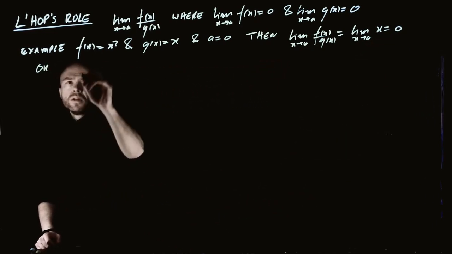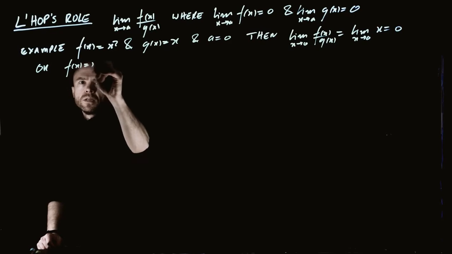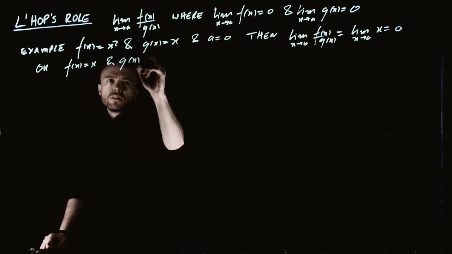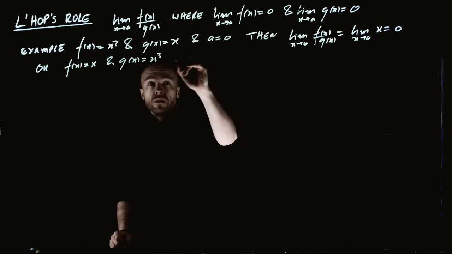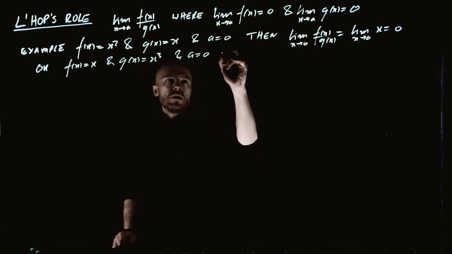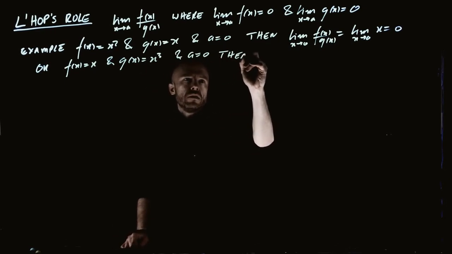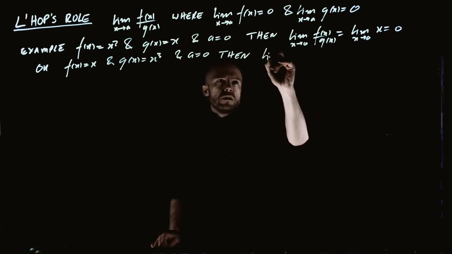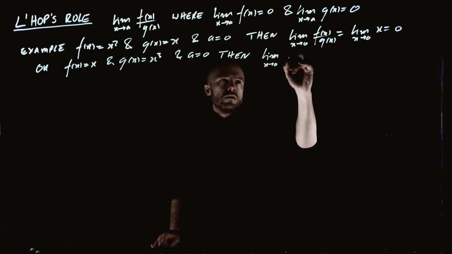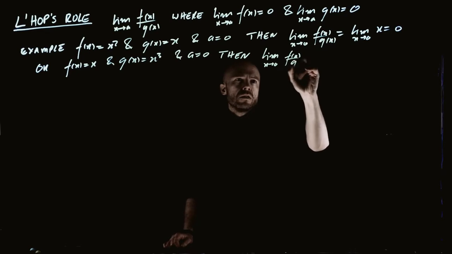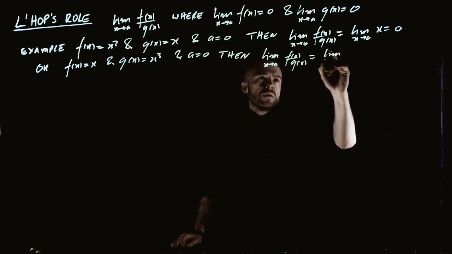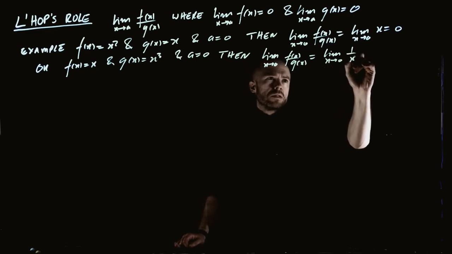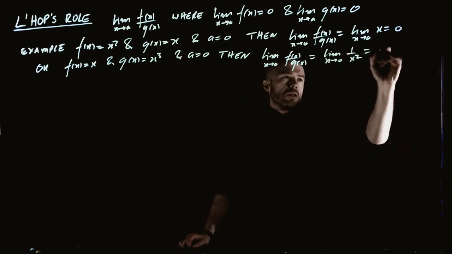Or what if we have f of x is equal to x, and g of x is equal to x to the power 3, and a is 0, then this limit as x goes to 0 of f of x over g of x is going to be the limit as x goes to 0 of 1 over x squared, which is equal to infinity.